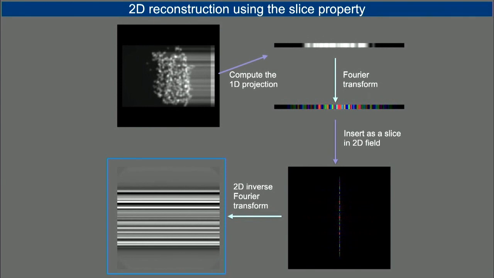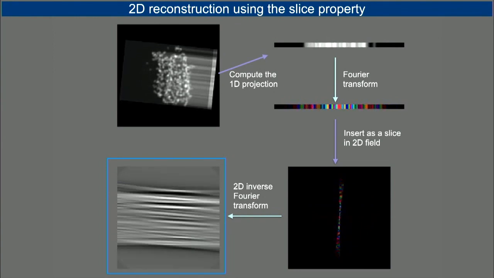So what I've done is that I've taken this projection and now recapitulated it. But here it acts as if it's spread out into a beam or into a back projection, projecting back through that entire volume. So then the trick is that we rotate the object, or in this case, we rotate the projection direction, and we do this same trick, take Fourier transforms, and we insert them into different slices.